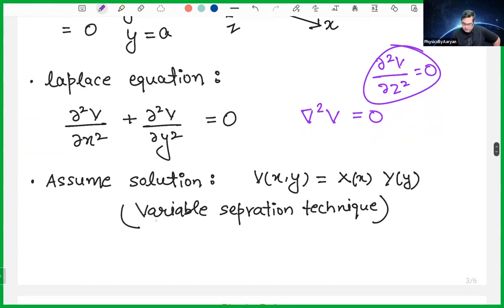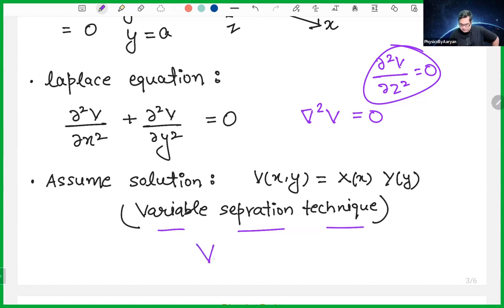This method is known as the variable separation method. This is used in quantum mechanics while solving for wave functions, in electromagnetism while solving for potentials, and in wave equations while solving fluid mechanics and wave problems. In every branch of physics, this one method is the most important. The variable separation method assumes one thing: that the solutions in the x-axis and y-axis are independent.